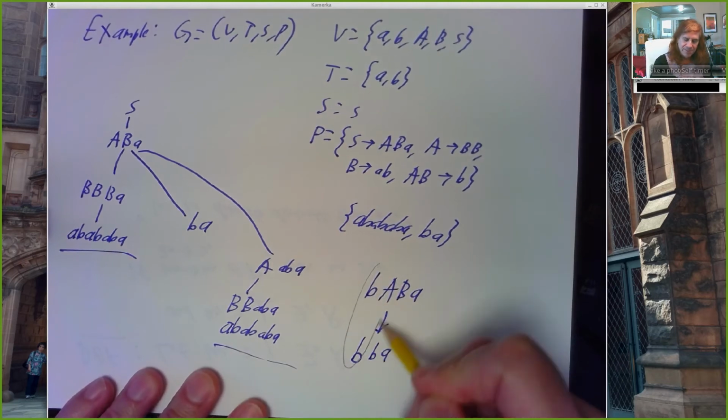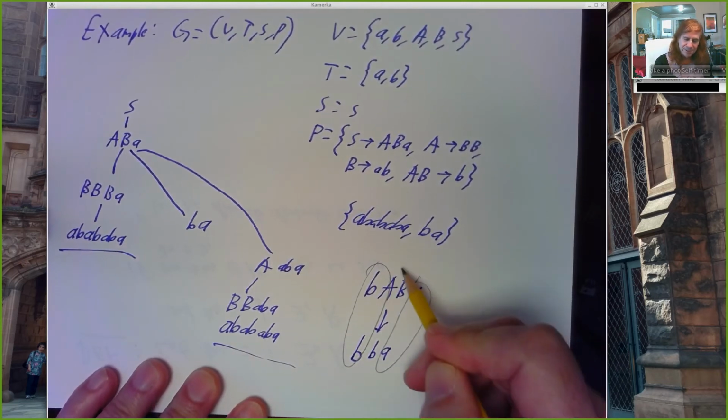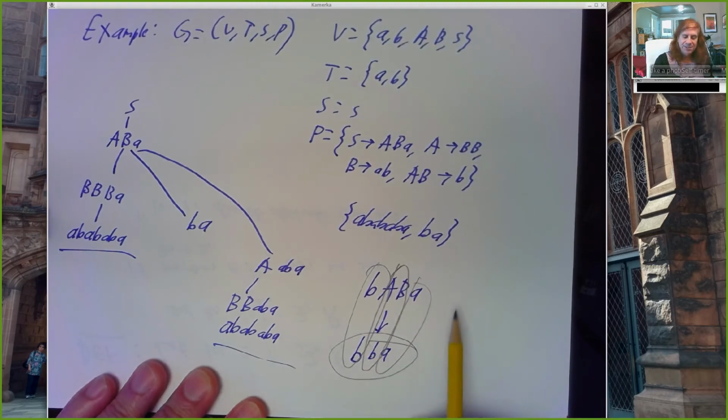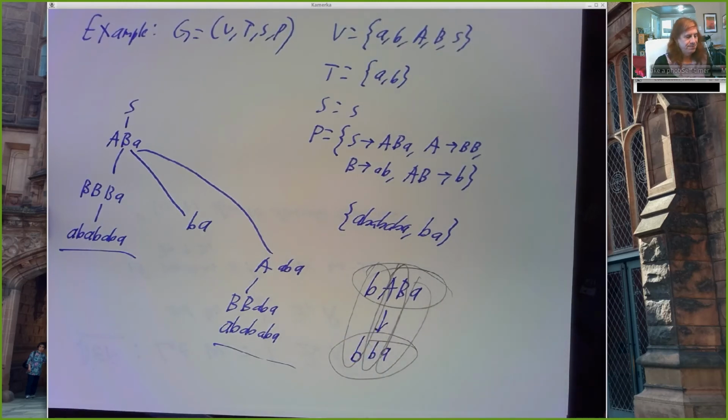So this is the left part, this is the right part. This middle part, there's a production rule, one rule for changing this into this. So this string is directly derivable from that string. So that's the canonical definition of what you might think directly derivable means. And remember, strings can be empty.